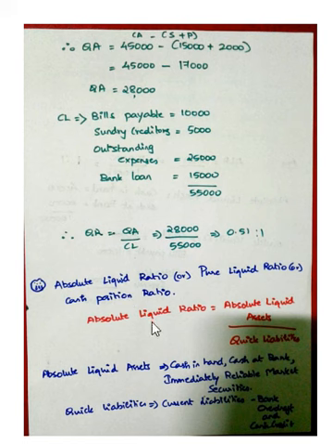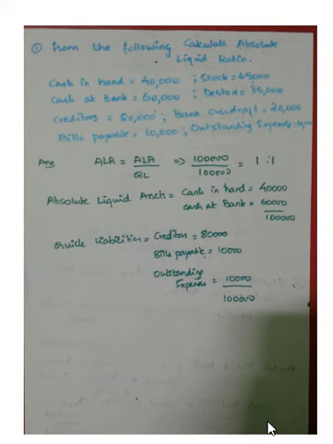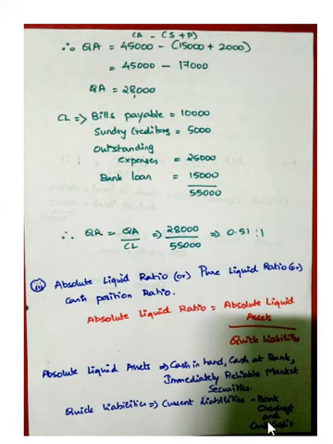So your absolute liquid ratio formula is absolute liquid assets divided by quick liabilities. Absolute liquid assets will consider only cash in hand, cash at bank, and immediately reliable market securities, which can easily be converted into cash. And your quick liabilities will consider the current liabilities minus the bank overdraft and cash credit.